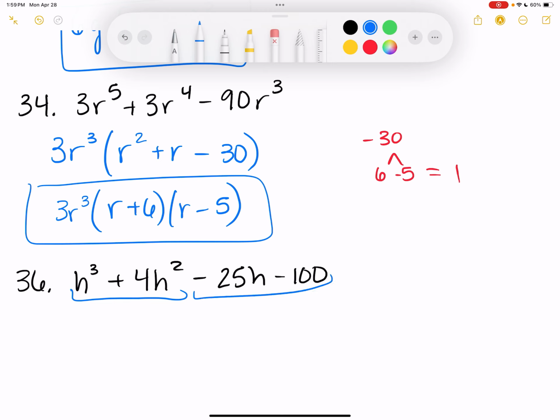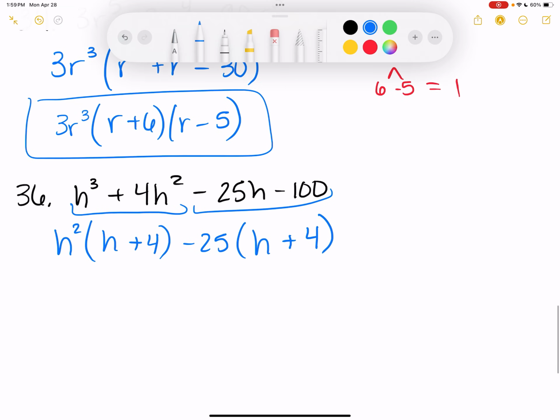H squared. And that leaves me with h plus 4. What can I take out over here? Negative 25. That leaves me with h plus 4. Now, I have h plus 4 and h squared minus 25. I need to see if this is factored completely.